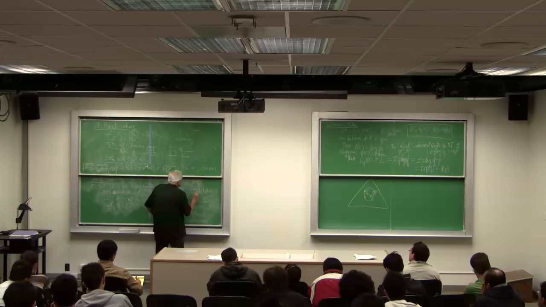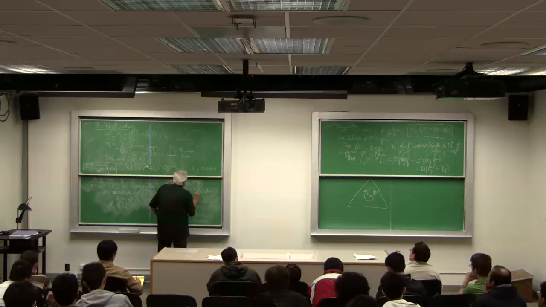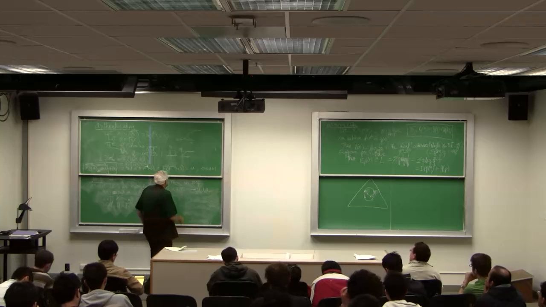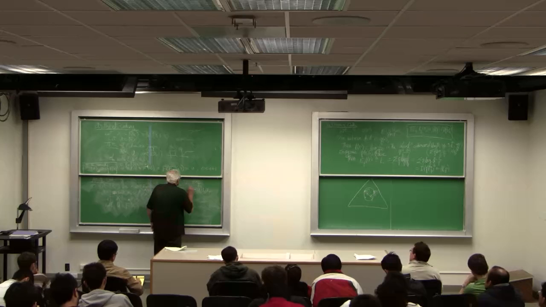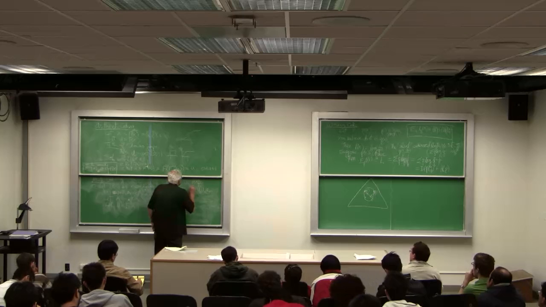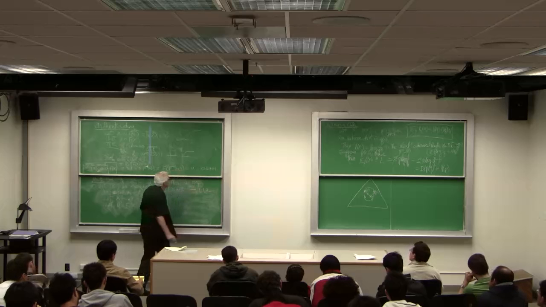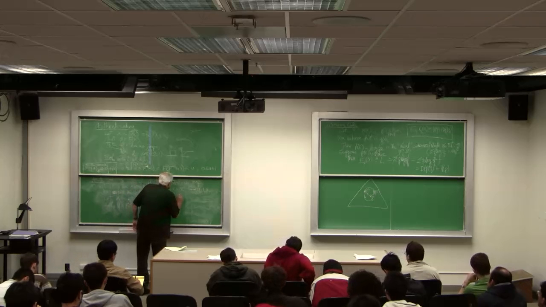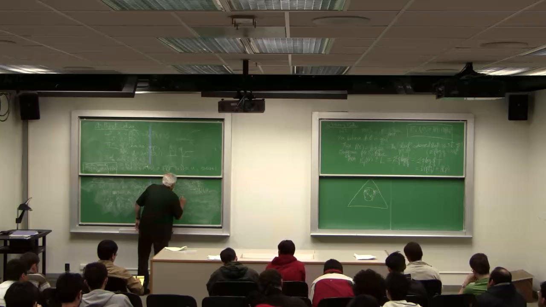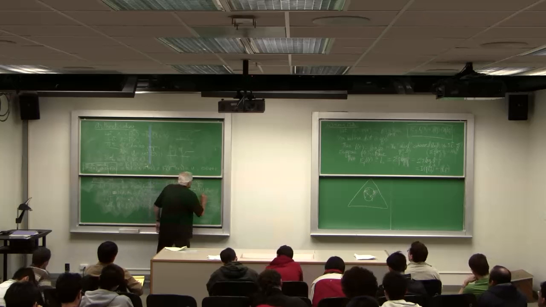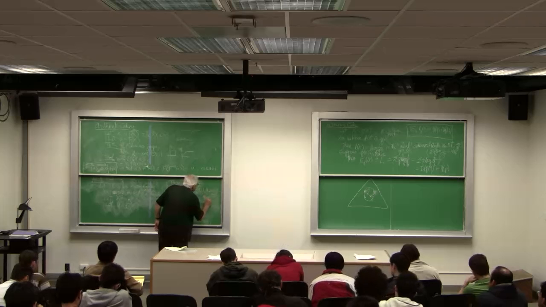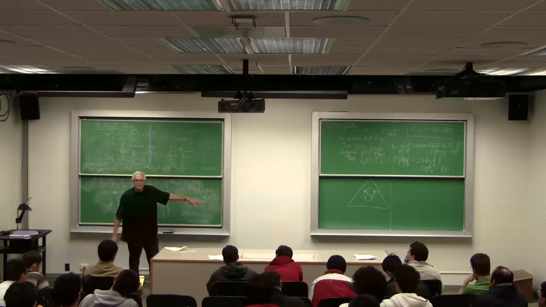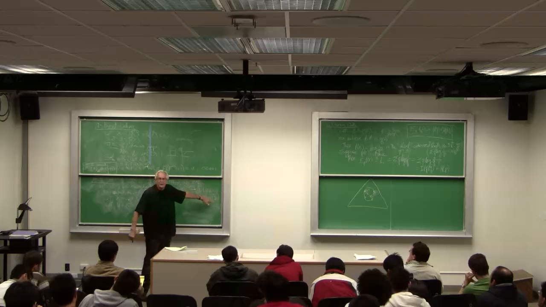So the map is U equals F of X. So I take this stochastic process and I get here a Bernoulli half process. Perfectly incompressible. You cannot compress this any further.